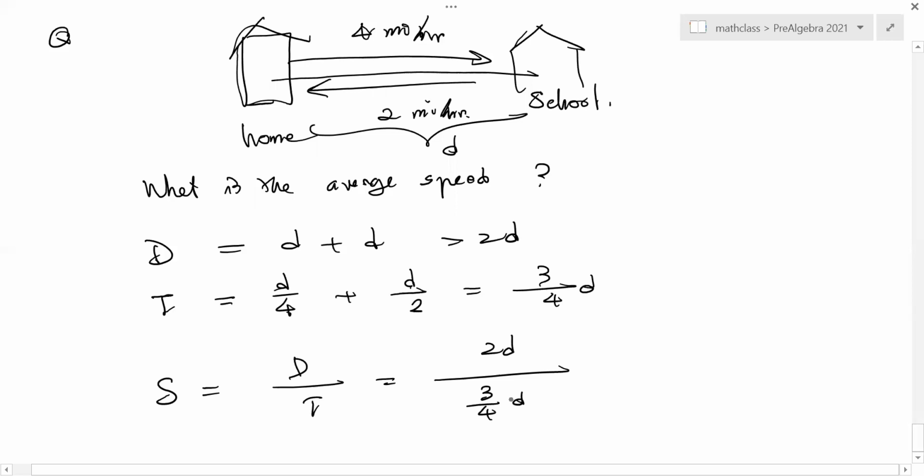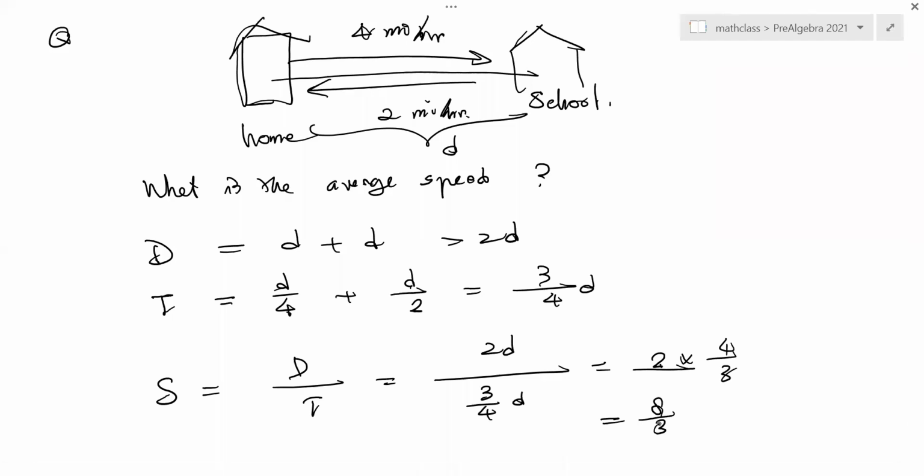All you have to know is 2 times 4/3, which is 8/3. 8 divided by 3 is about 2.66 miles per hour. So that is the answer.